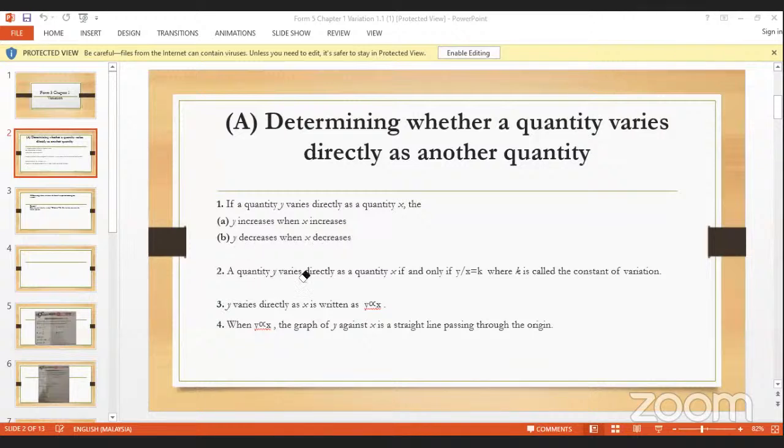A quantity y varies directly as a quantity x if and only if y over x equals k, where k is called a constant of variation. Y varies directly as x is written as y is proportional to x. When y is proportional to x, the graph of y against x is a straight line passing through the origin.